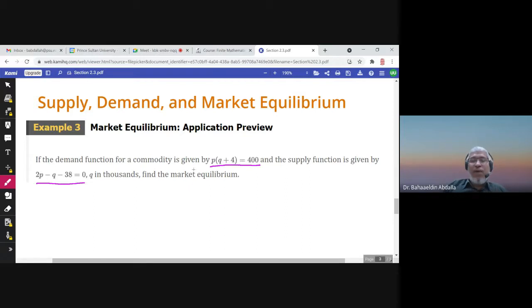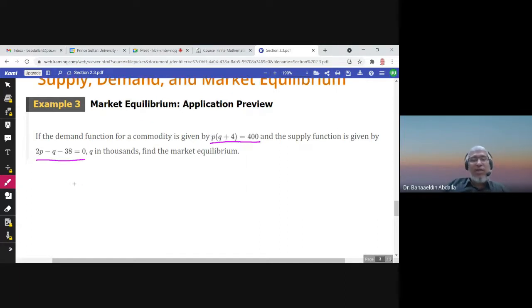Now, how to find the market equilibrium? If you remember, the market equilibrium is when the demand equals the supply. So I need to put these two equations equal to each other. This equation is P times Q plus 4 equals 400, and this one like this. I can solve the second equation, the supply function, for Q. So let me write 2P minus 38, taking Q to the other side.